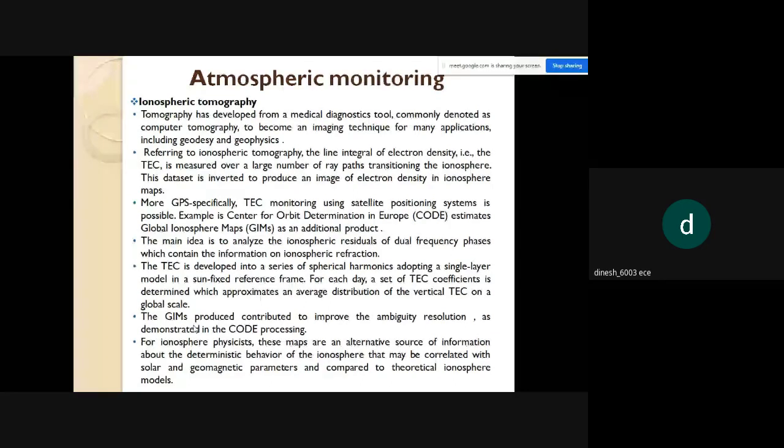Next topic is atmospheric monitoring: monitoring the atmosphere of the Earth.